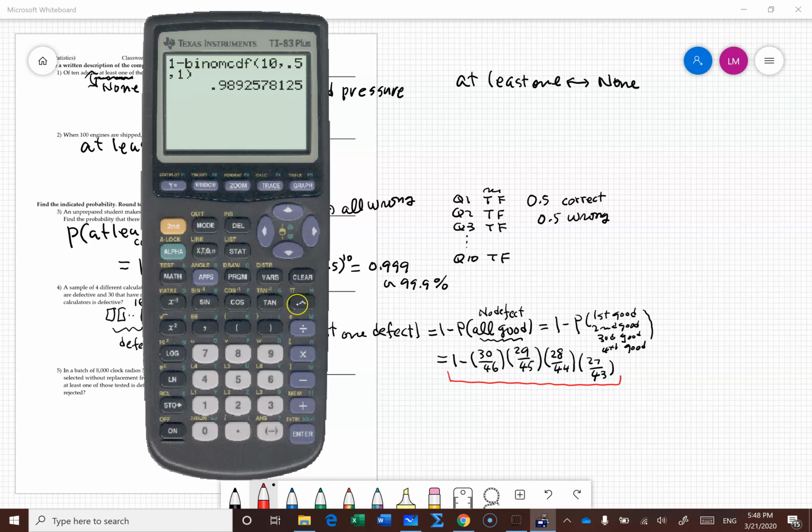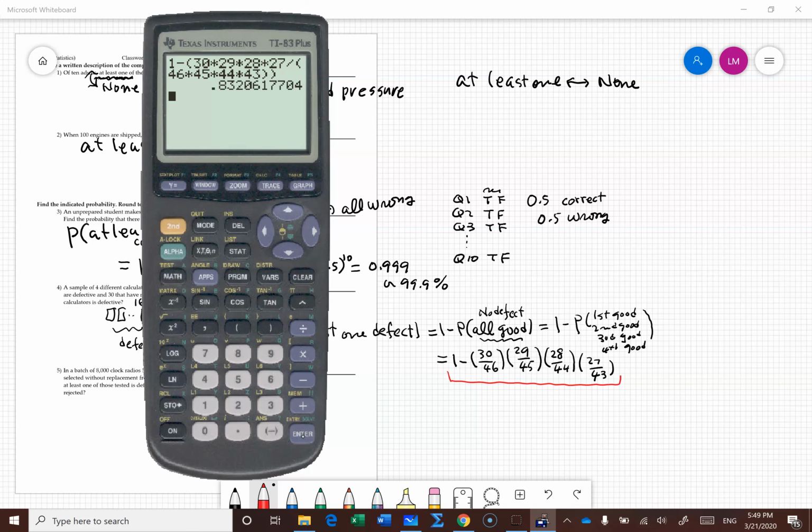Turn on the calculator. 1 subtract: now multiply the 4 numbers on top, 30 times 29 times 28 times 27, divided by, and you have to use parentheses here, 46 times 45 times 44 times 43, in 2 parentheses.